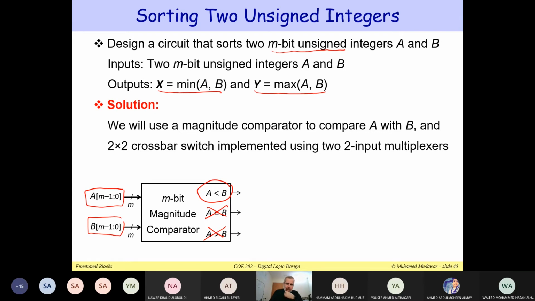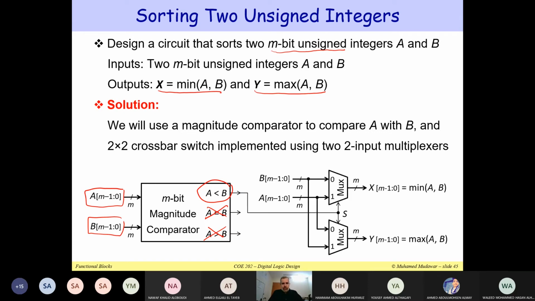For this reason, we need two multiplexers. We take this output here and connect it to the S input for selection. So the output of the magnitude comparator is used to select what should be X and what should be Y. If this S here is equal to 1, that's an indication that A is less than B. Notice that input A here is connected to input 1.